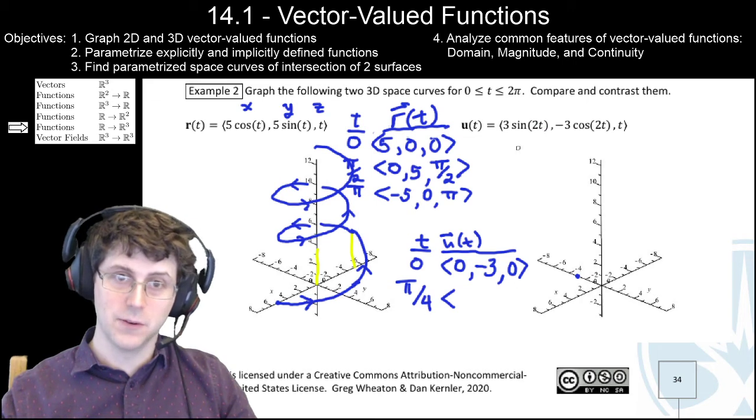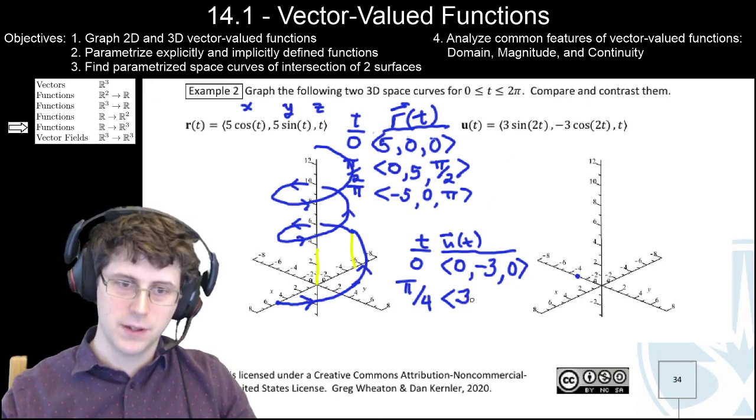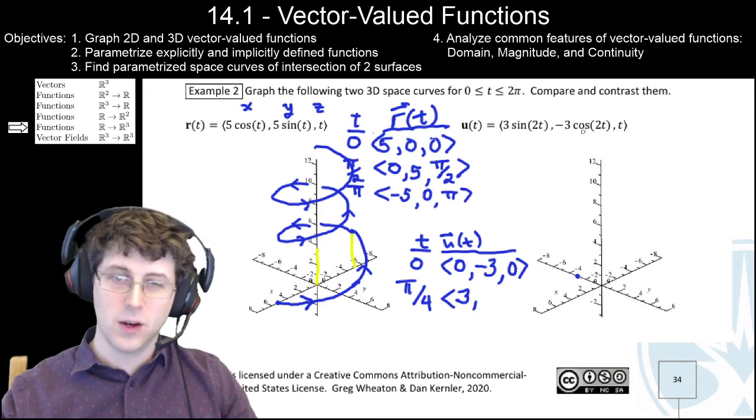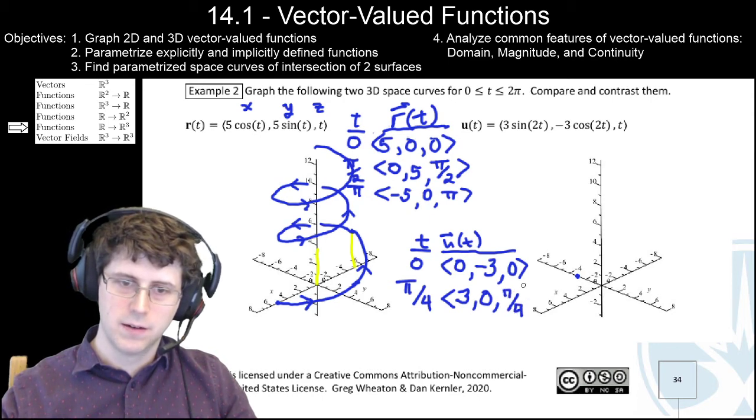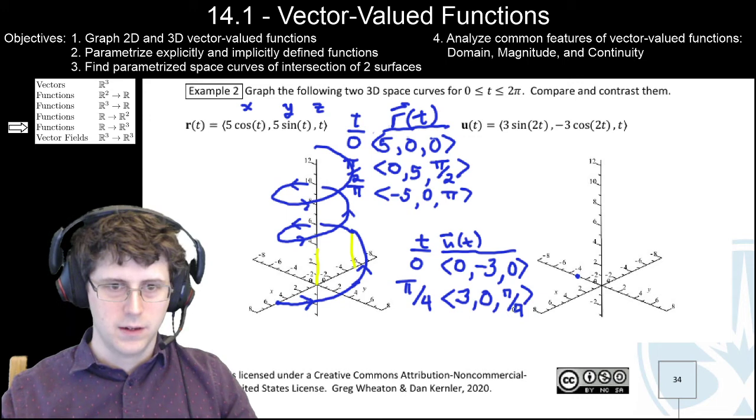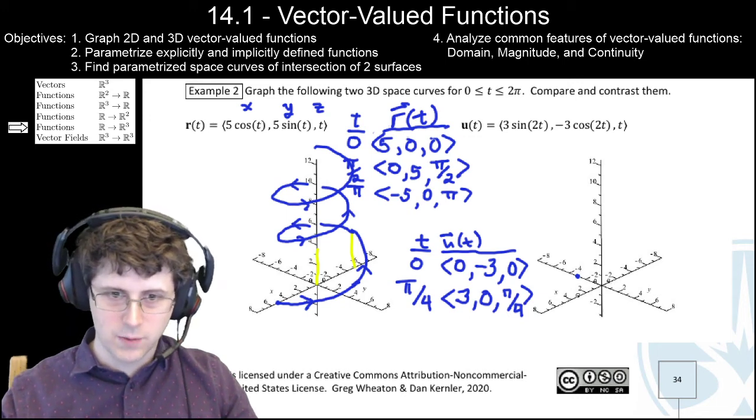So I'll plug in pi over 4 for t. Then I'll get 3 sine pi over 2, that's 3, minus 3 cosine pi over 2, that's 0, and t, which is pi over 4. Where is that? X is 3, y is 0, and z is pi over 4.